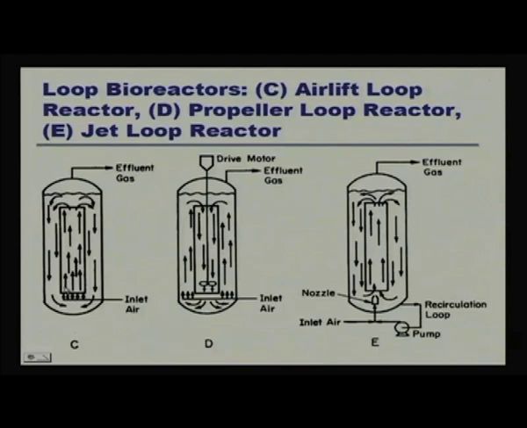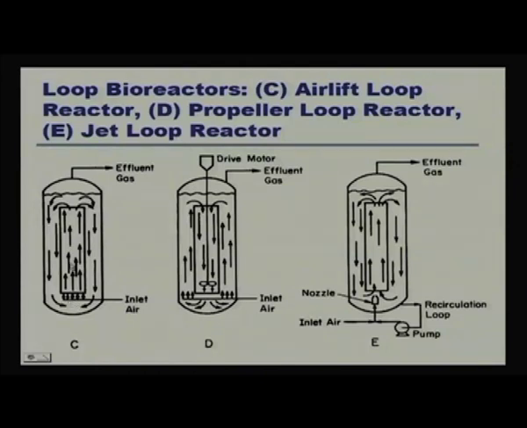So, how do we overcome the problems associated with the bubble column reactor? The alternative is the loop type of reactor. This loop type of reactor can be the airlift loop, propeller loop or jet loop reactor. The mechanism is the same as that of the bubble column reactor.